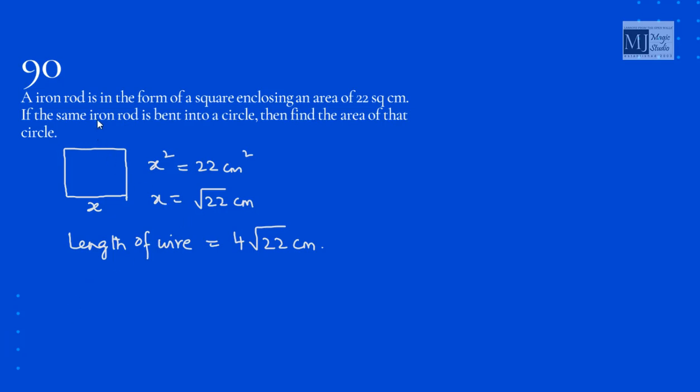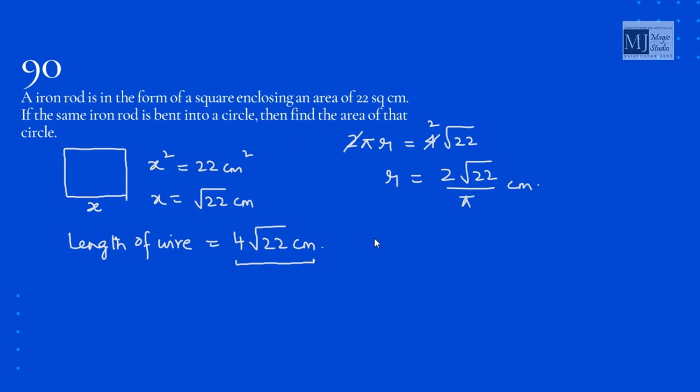Okay. If the same iron rod or wire is bent into a circle of radius r maybe, then 2 pi r would be equal to 4 root 22. So if we solve a bit, r equals 2 root 22 by pi centimeter.